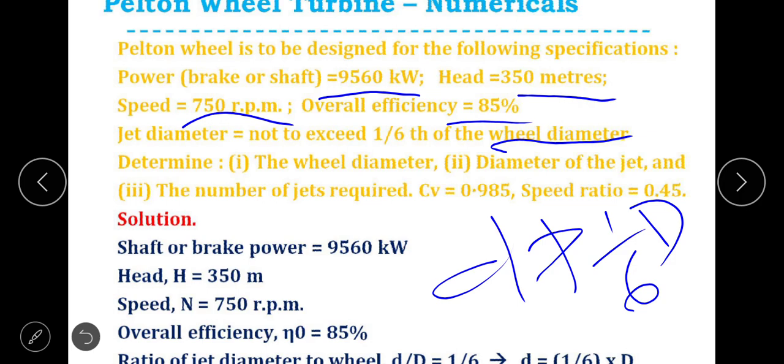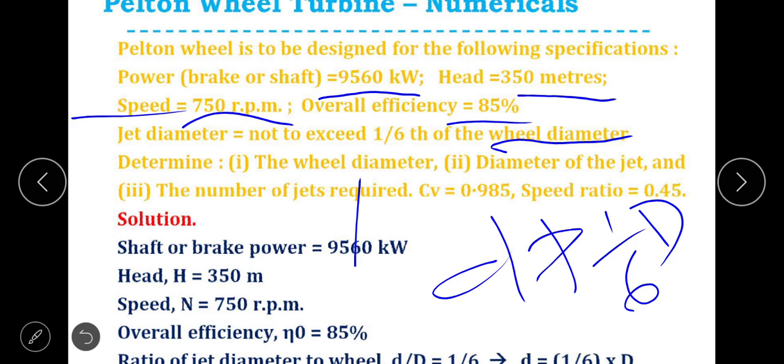Okay. Now let us write all these in terms of symbols. Shaft or brake power is equal to 9560 kilowatt, capital P. Head capital H is equal to 350 meter, speed capital N is equal to 750 rpm, overall efficiency eta suffix O is equal to 85%, that is 0.85.